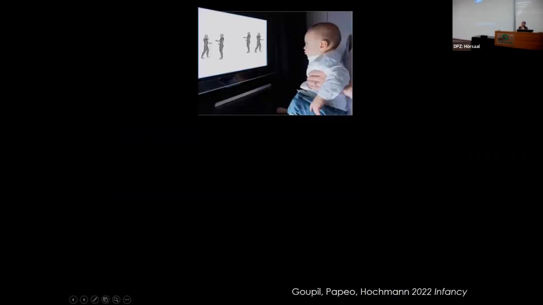So in this study, we wanted to know whether infants as young as 6 months old were sensitive to the difference between these two stimuli, which, again, is just a spatial relation: identical bodies, identical body posture, just in different spatial relations. So we used eye tracking and a differential looking time paradigm. The idea here is that if infants look at the two stimuli for a different amount of time, it means that they have a different representation of these two stimuli.